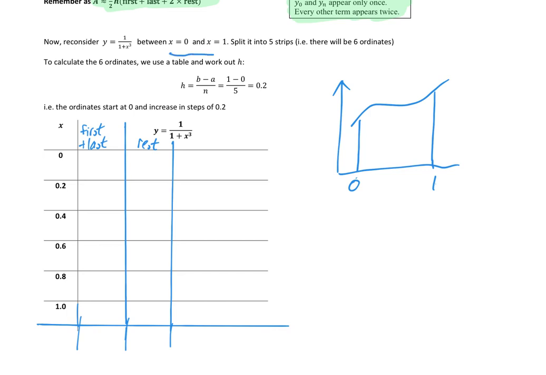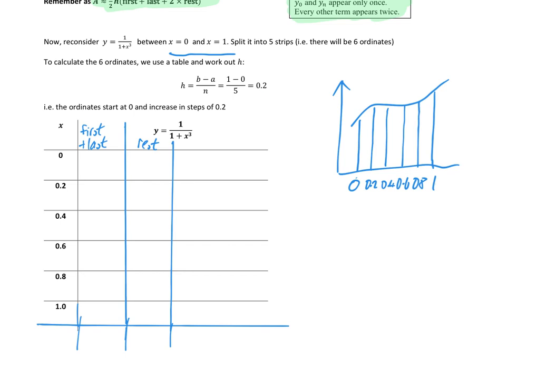The distance between 0 and 1 is just 1. We have 5 strips, so 1 divided by 5 is 0.2. So every one of these is going to be 0.2. So it's going to be 0.4, 0.6, and then 0.8. You can see here h, and very importantly, they've worked that out up here. h is equal to 1 minus 0 divided by 5, which is 0.2.